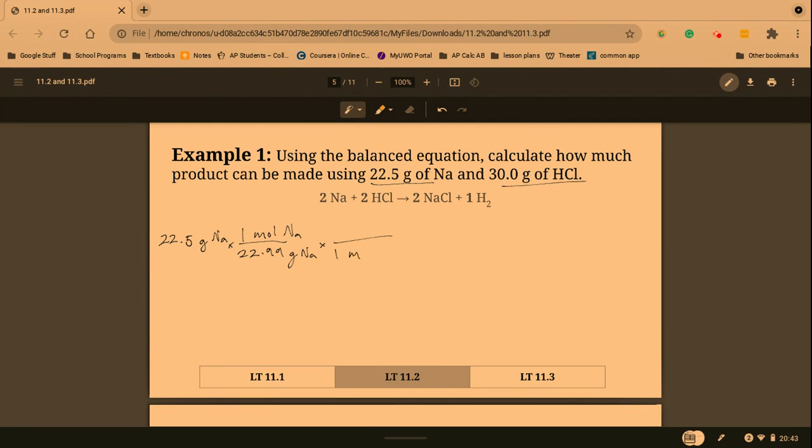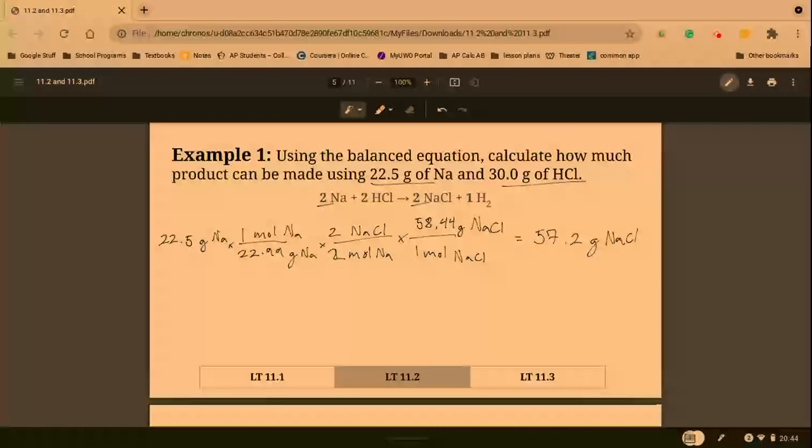And with our mole ratio, it's 2 to 2. Then back to grams. And these grams are found with the periodic table. Just mathing it out. And that all equals 57.2 grams of NaCl.